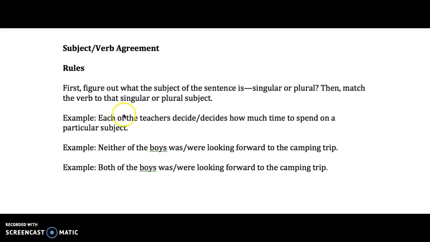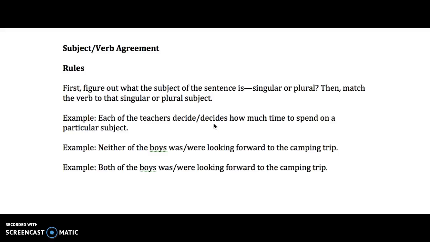So let's say you were talking about a sentence, Bob decide or decides how much time to spend on a particular subject. Bob is singular, right? So Bob decides. The singular form of this verb is decides.